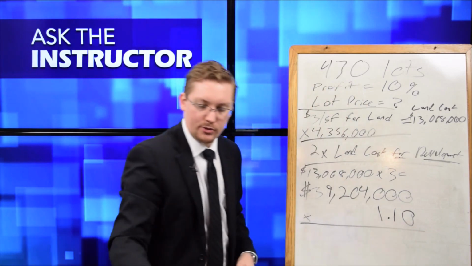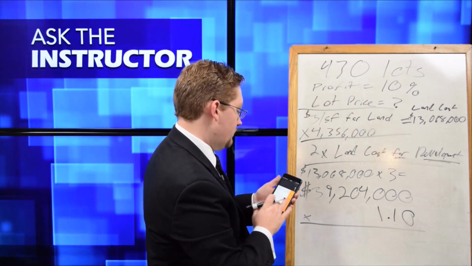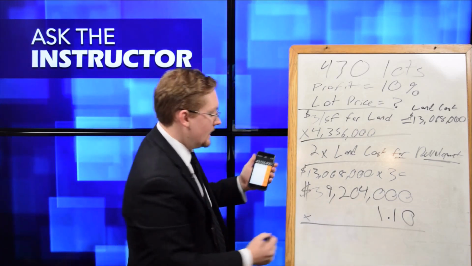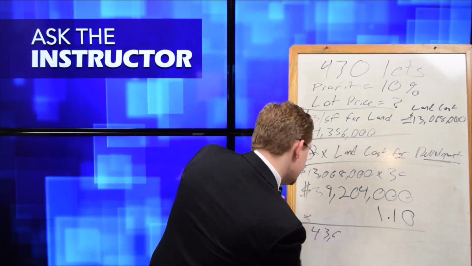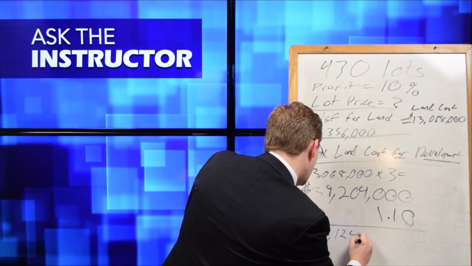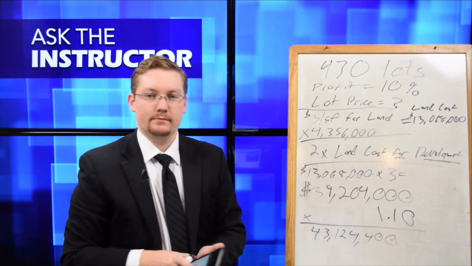$39,204,000. So we're going to, again, pull out our calculator, $39,204,000 times 1.10. That's going to be our total price with that 10% factored in, and we end up with $43,124,400.